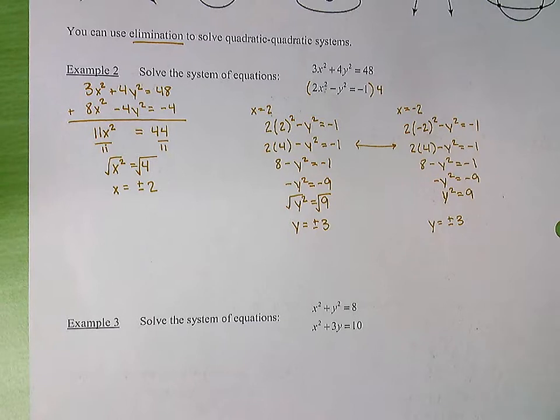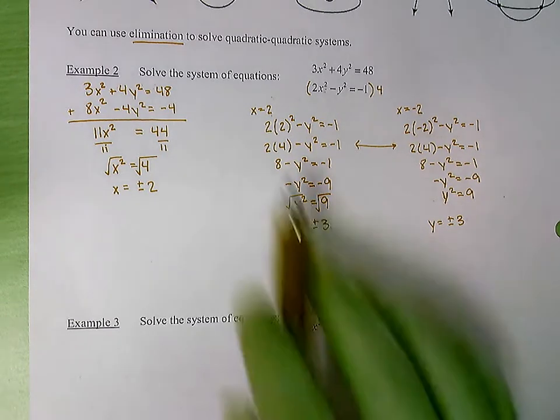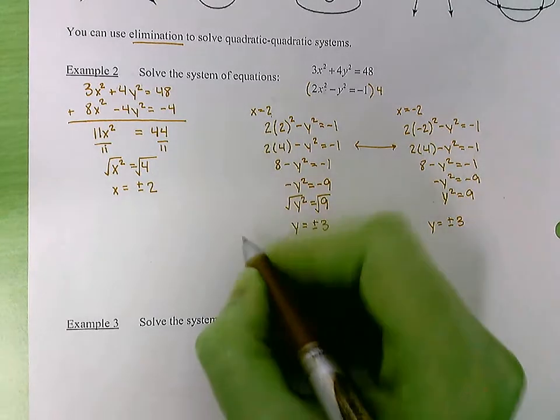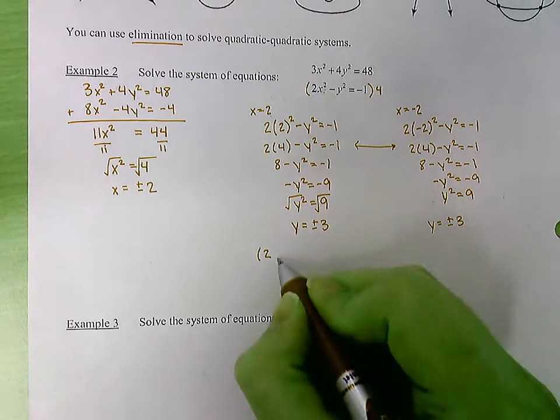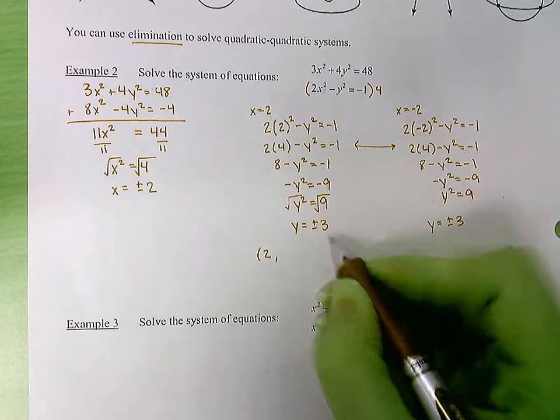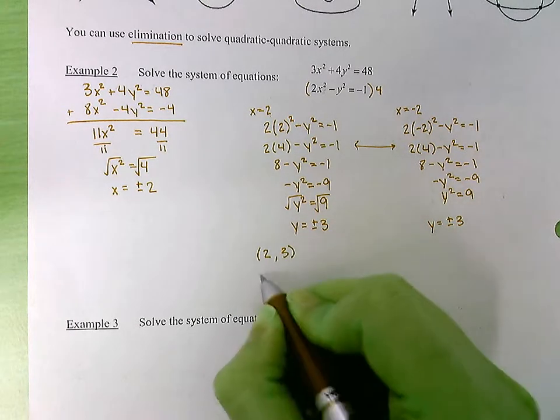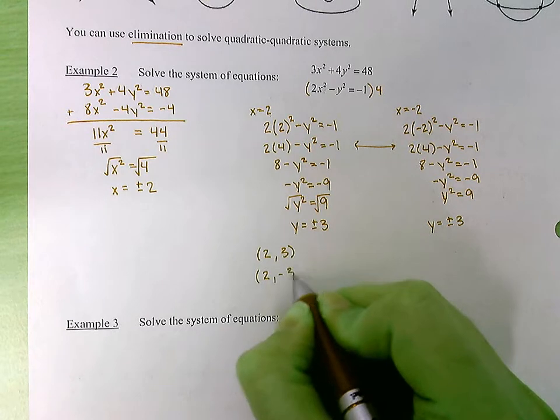All right, so once you get to this point, you don't just stop, you have to write them as coordinate points. When I plugged in 2 for x, I got 3. I also got -3.